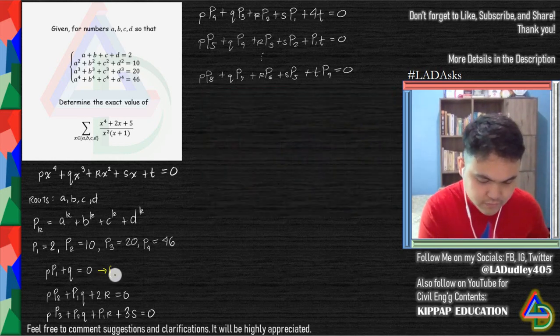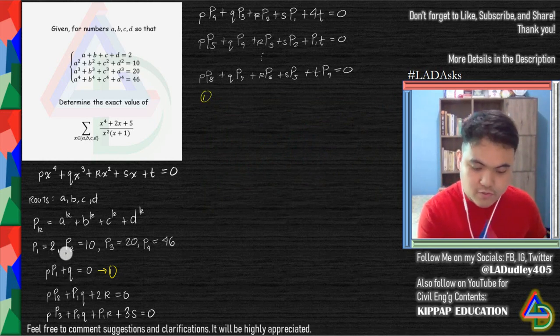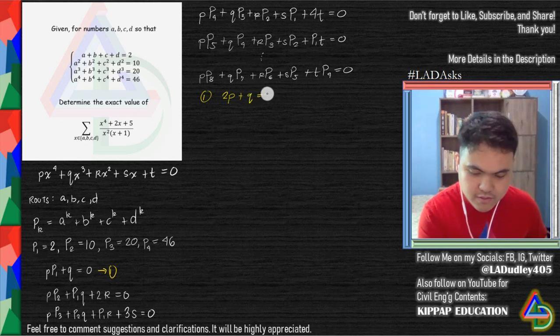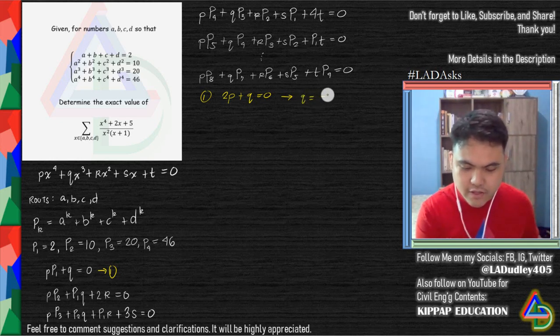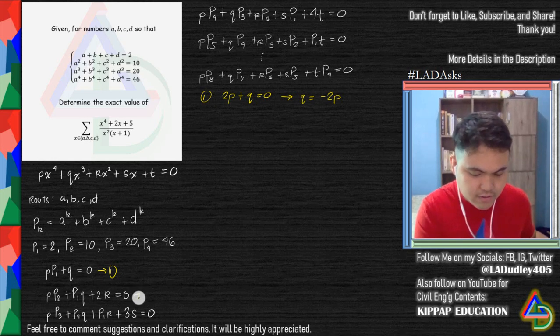So, dito tayo kay first equation. Kasi may mga values tayo dyan. So, we have p sub 1 that is 2. So, we have 2p plus q equals 0. So, therefore, q is equal to negative 2p. Next, kay equation number 2 naman.